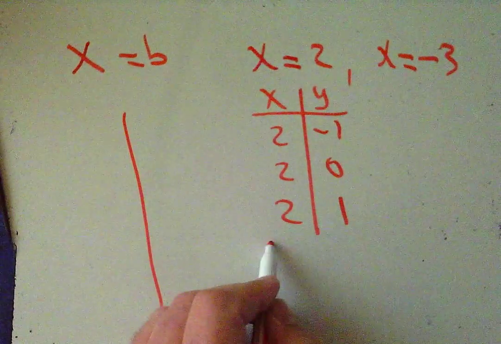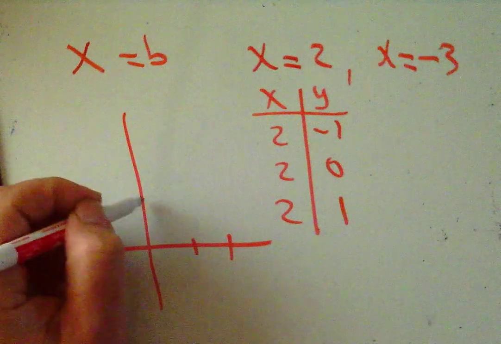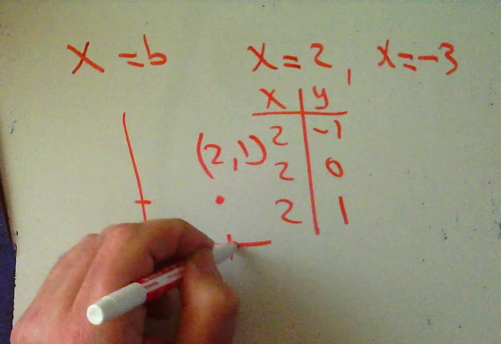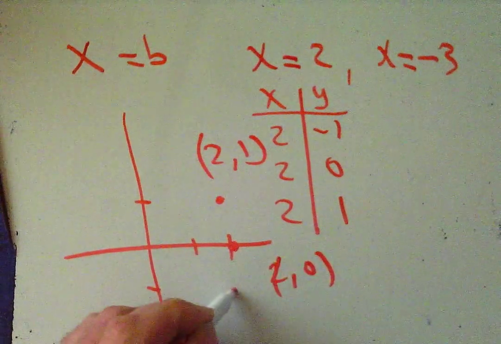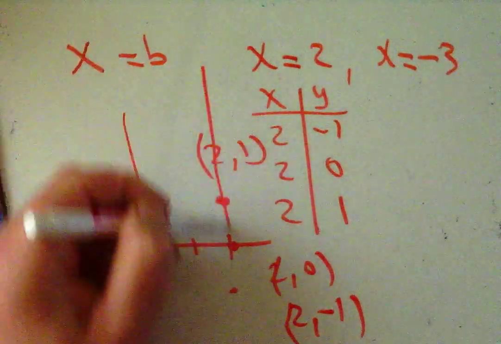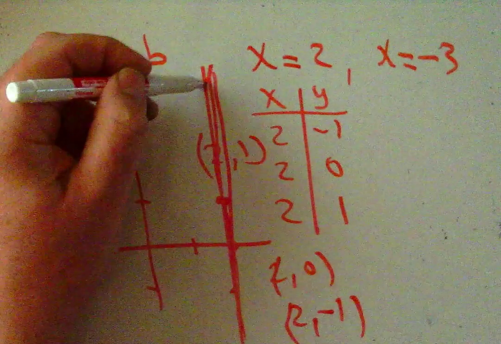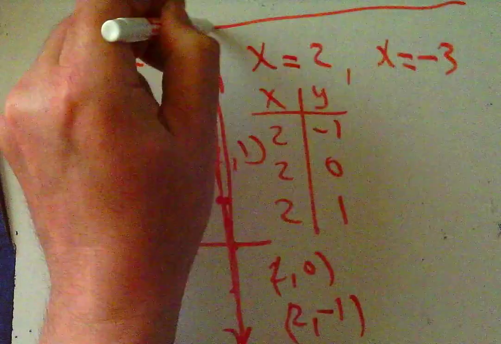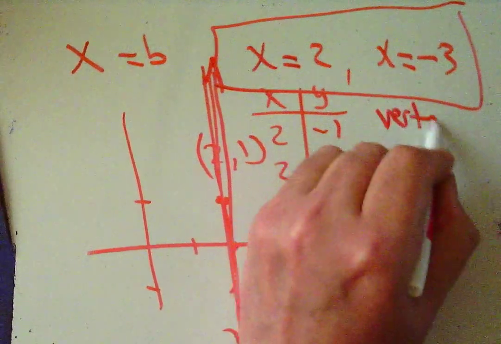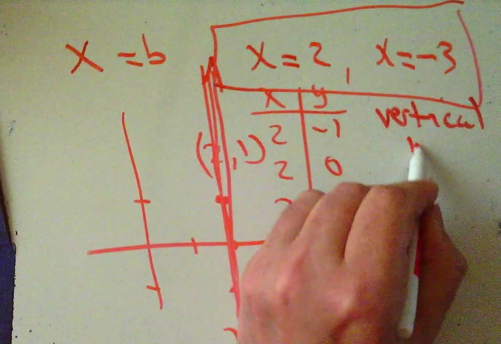And if I graph this, here's 2, 1, here's 2, 0, here's 2, negative 1. And I end up with, lo and behold, a vertical line. So when we see x equals a number, that's going to be a vertical line.